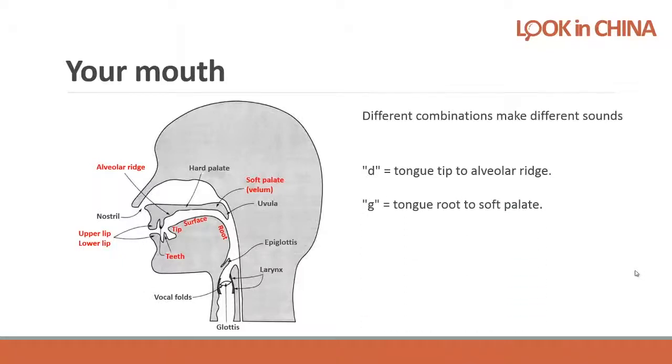The sound G is created by touching tongue root to soft palate. The sound S is created by touching tongue tip to front of mouth. And the sound Qi is created by touching tongue surface to alveolar ridge.